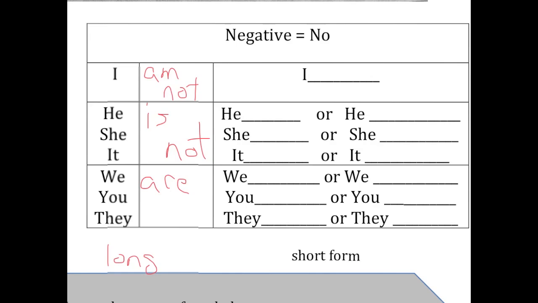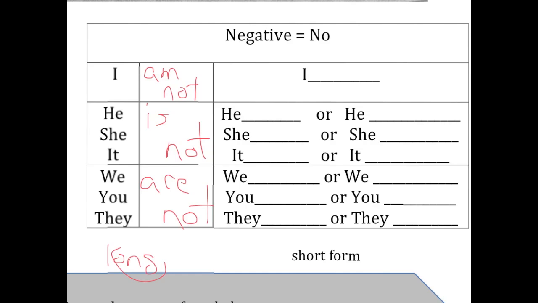And how do you make it negative? Not. Now that's the long way. I am not, he is not, she is not, it is not, we are not, you are not, they are not. But we need the short form, because that's what a lot of English speakers use.